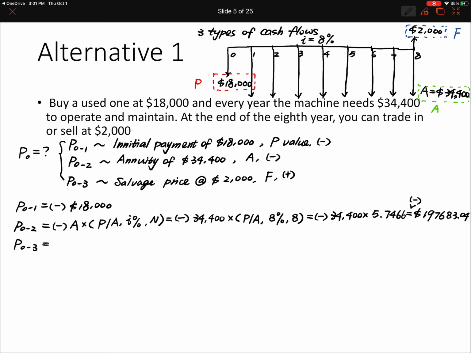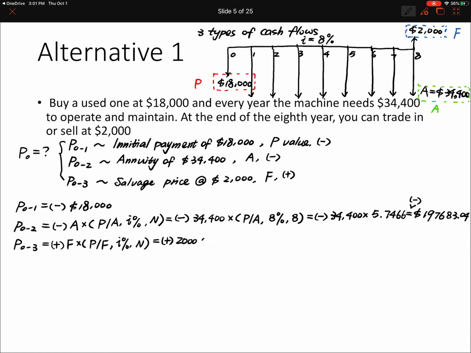And now you need to calculate the P03, which is a positive value converted from a future 2000. So you're looking for a present value given a future value, right? So the equation is F times a factor P slash F, I% N to find out P given F, right?